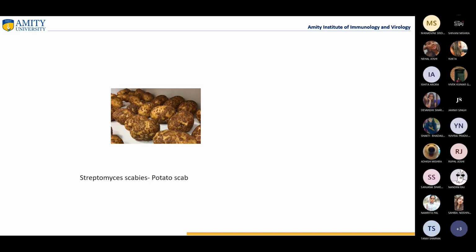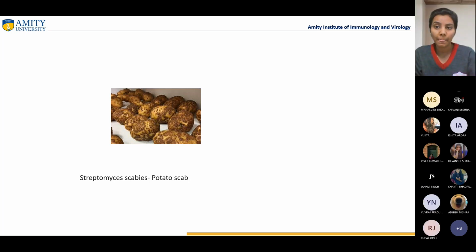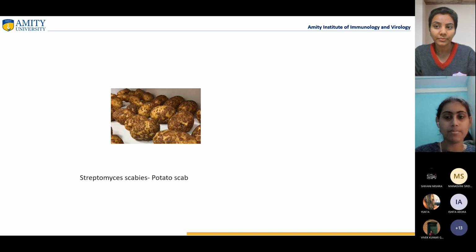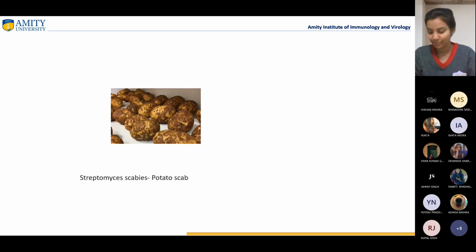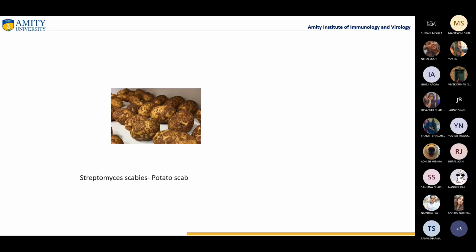Okay Namrata, Present, ma'am. Nandini Raj, Present, ma'am. Nehal Joshi, Present, ma'am. Rupal Joshi, Present, ma'am. Sahiba, Present, ma'am. Sanjana, Present, ma'am. Shakti, Present, ma'am.